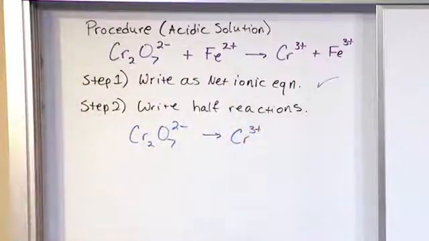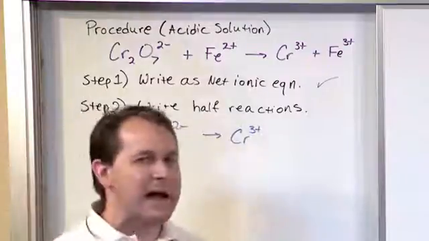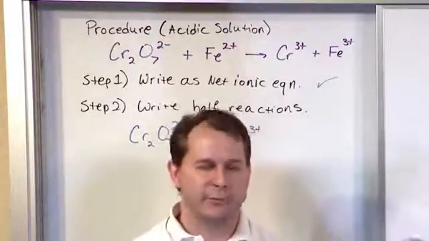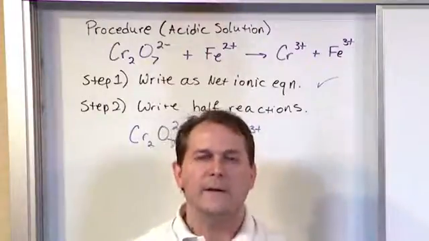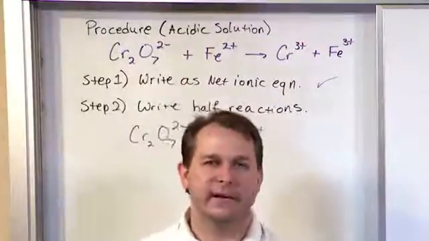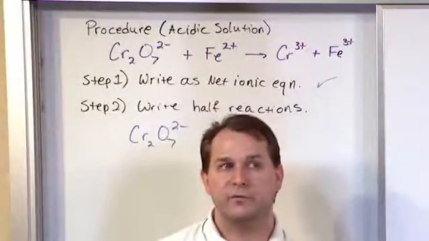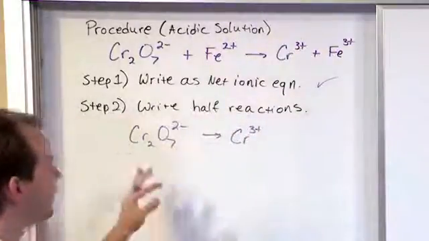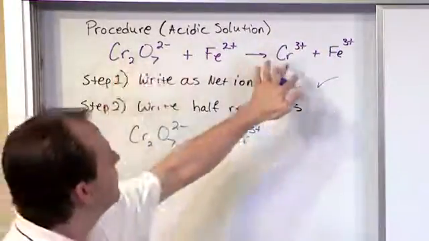Now in this procedure, when I tell you to write the half reactions, I'm not talking about the electrons yet. I know that in all previous half reactions we've been writing all the electrons transfers. But you'll see in a minute that because we have other things going on here, it's going to be tough for you to write the electrons at this stage. So right now, when I say write the half reactions, all I mean is identify the things that go together.